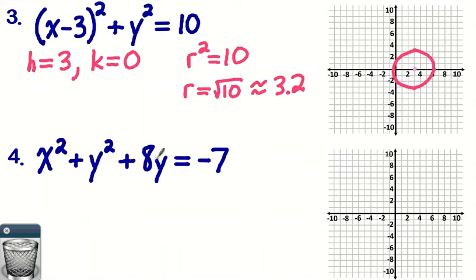It's very possible I already taught you about this in 2020, maybe as a bonus opportunity. The x squared is fine, but this 8y is the problem. Long story short, let's cut to the chase: it's called completing the square.